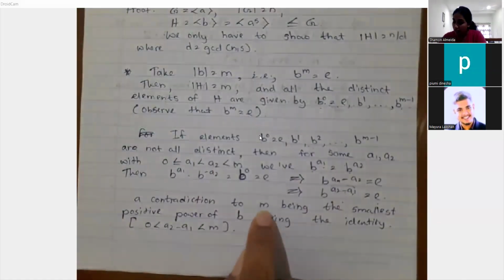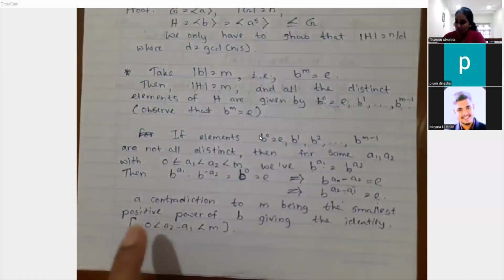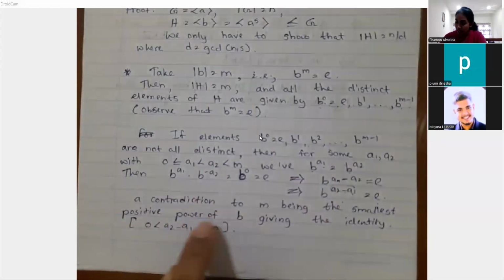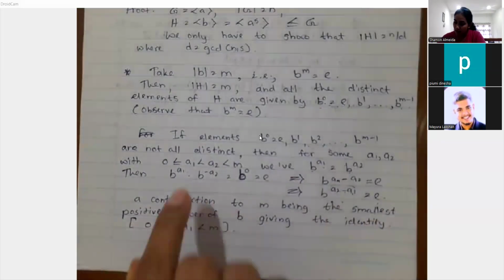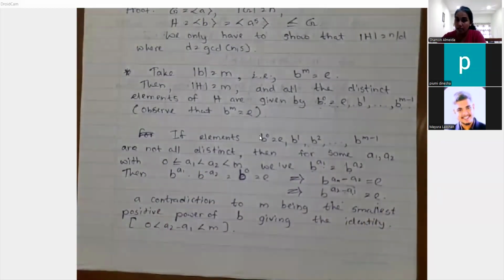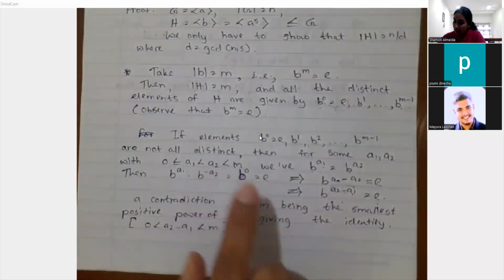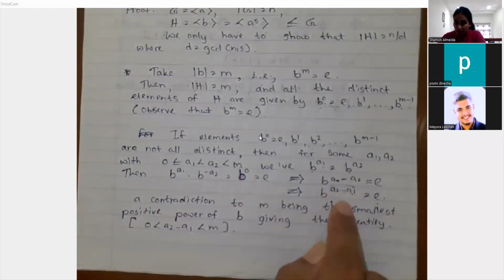Because we have already taken M to be the smallest positive power of B giving the identity. And we know that A2, A1, they are both less than M. So the difference is also less than M. Because A2 is greater than A1, this is a positive number.